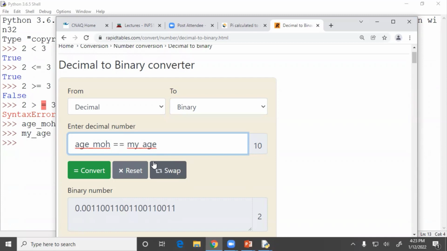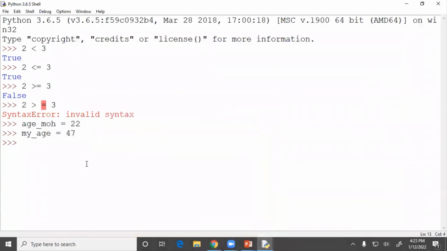Clear? Okay, so let's go back here and write it here. Let's say age underscore MOH equal equal, no spaces between them. Clear? And my underscore H.